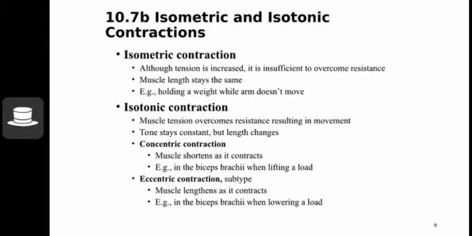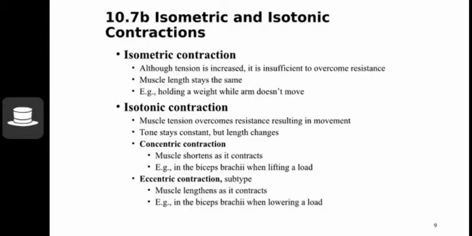The joints don't move, the muscles don't shorten, but you're still contracting the muscle. In other words, if you put your palms together in front of your chest and push against them, the elbows aren't moving, your shoulders aren't moving, your wrists aren't moving. This is an isometric contraction. Metric is distance, iso means same, and so you're contracting the muscle, but the muscle is not changing length.